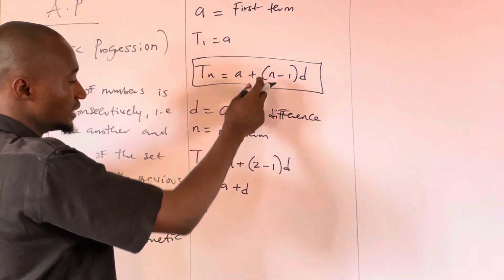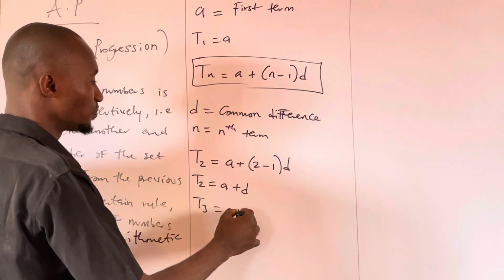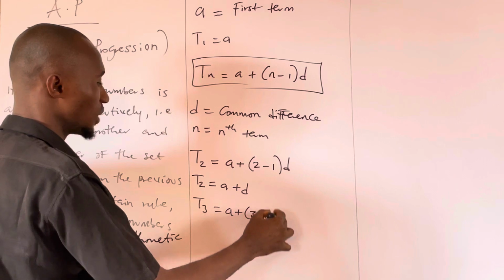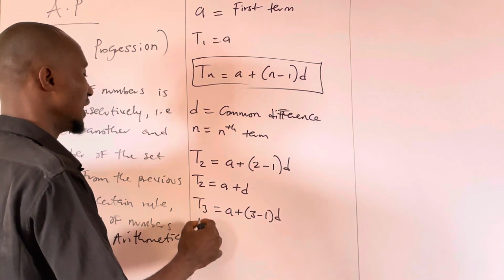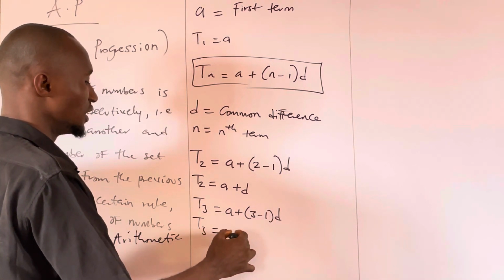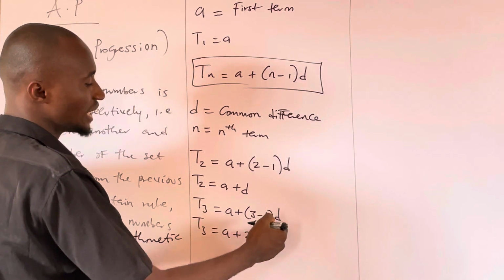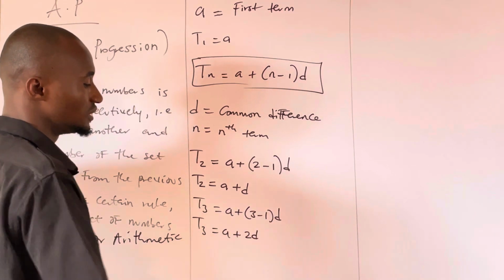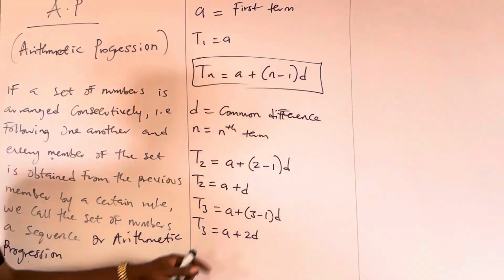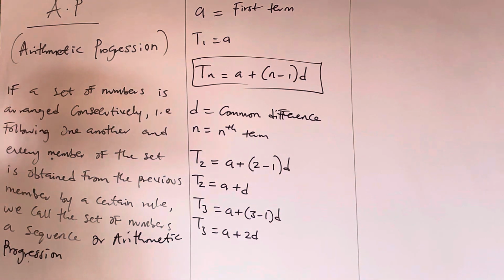T3, using this formula again, is equals to A plus bracket 3 minus 1 D. Then 3 minus 1 will give us 2, 2 times D. That's why we have T3 to be A plus 2D.